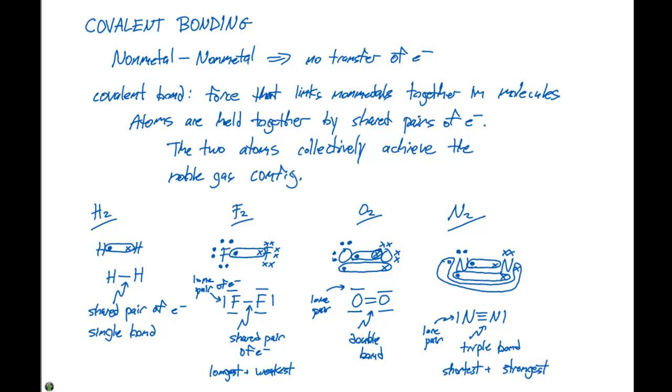If they need to form double bonds, they can do that. And they can also form triple bonds. So in the next video, we'll look at something called bond polarity and use the periodic trend electronegativity to explain some of the properties of covalent bonds that will occur in molecules.